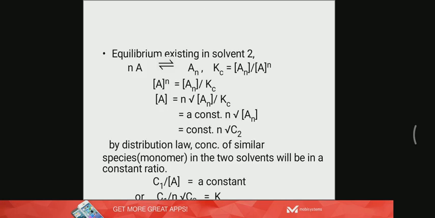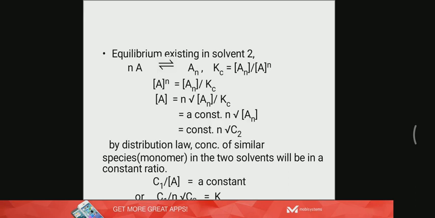NA gives AN. So the equilibrium constant Kc we can write as AN concentration by A raised to N. Clear? Rearranging it, what do you get? A raised to N equals AN concentration by Kc, or you get concentration of A equal to the nth root of AN concentration by Kc, that is equal to a constant into the nth root of C2.